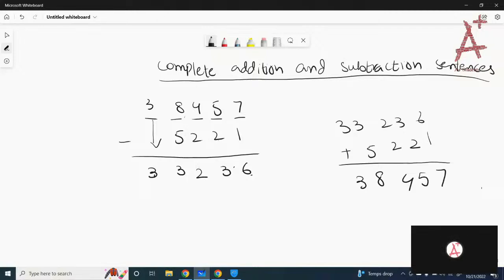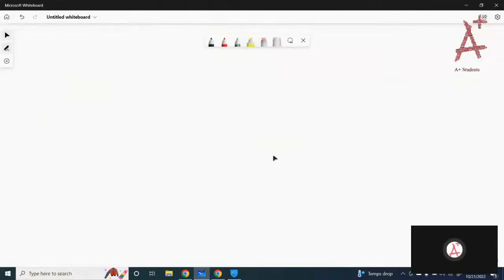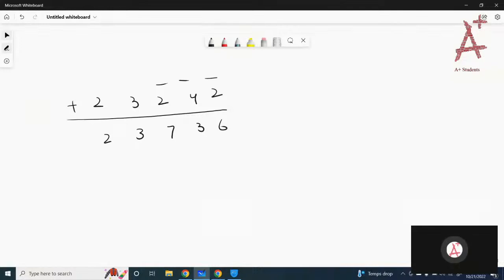Got it? Let's do another example. Like for the other example, you are given a sum. So you have a missing number and then a given one, and you are given a sum. So how can you find the missing one?